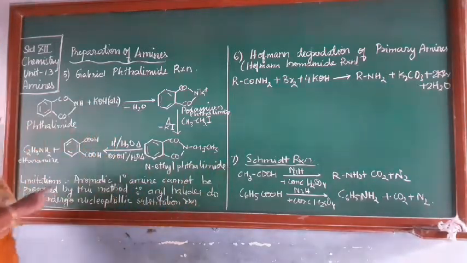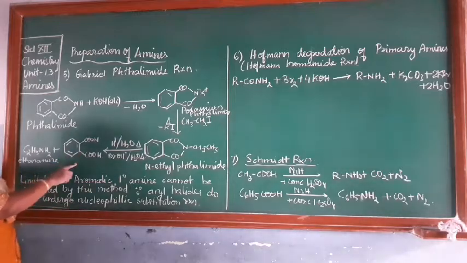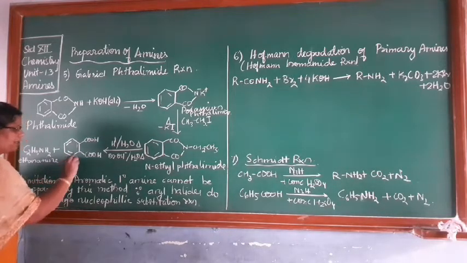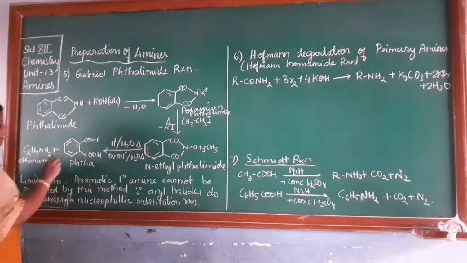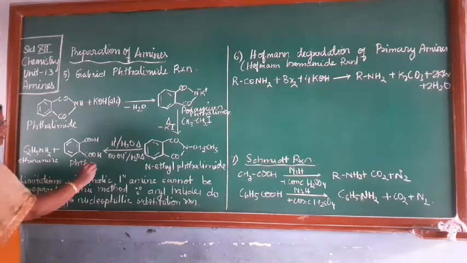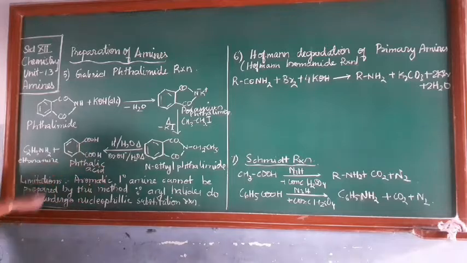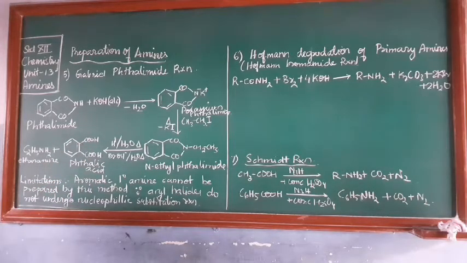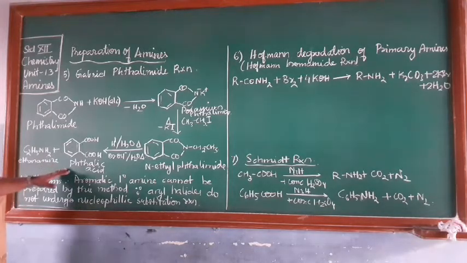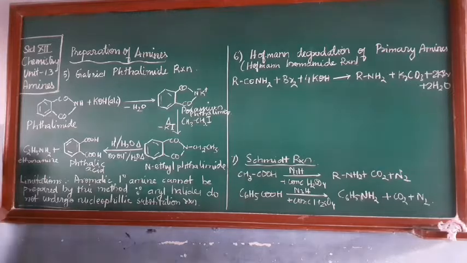Okay, now N-ethyl phthalimide on hydrolysis will give you what? The phthalic acid and ethylamine. Okay, this is phthalic acid. Benzene ring with COOH at 1 and 2 positions is called as phthalic acid. This phthalic acid and you will get the ethanamine, the primary amine you are obtaining here.